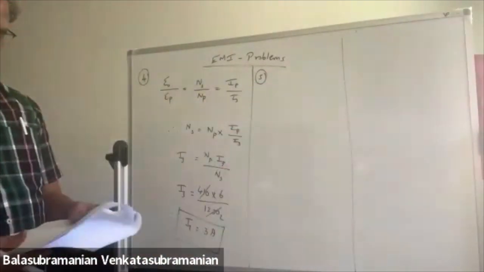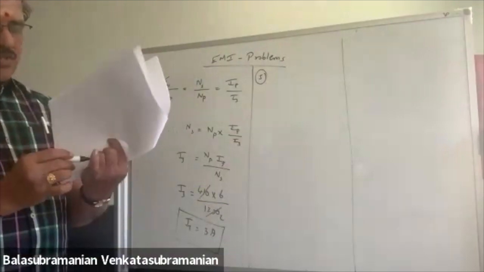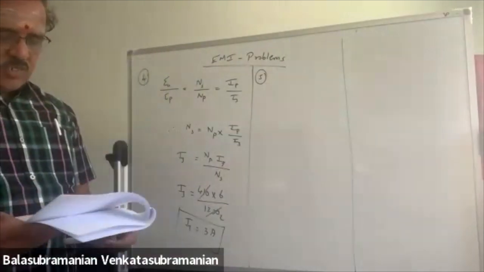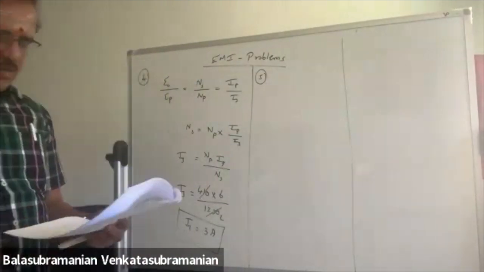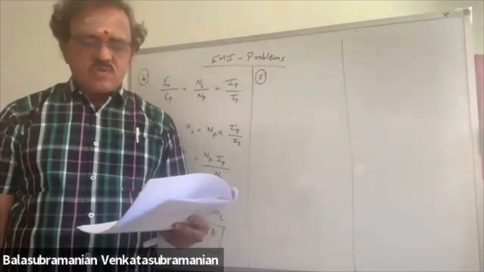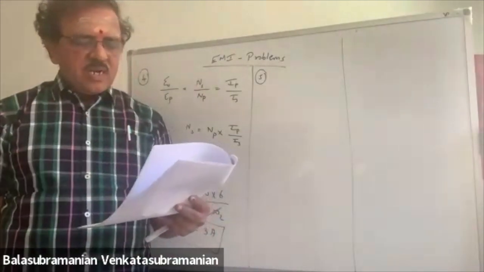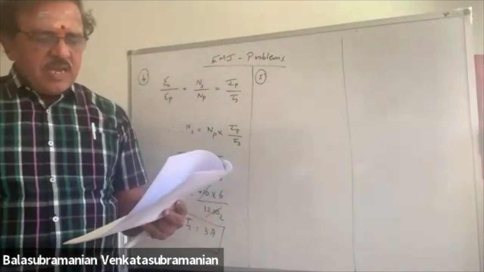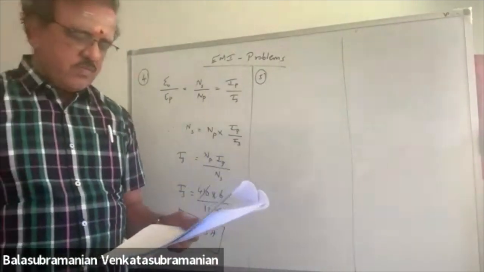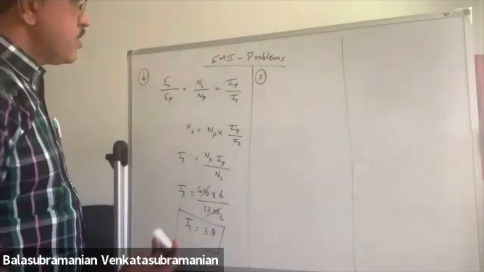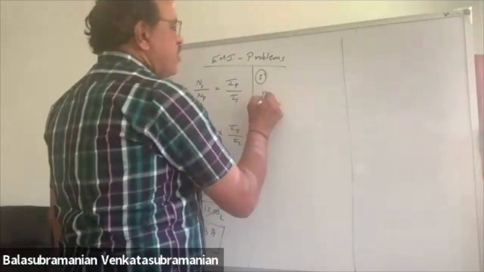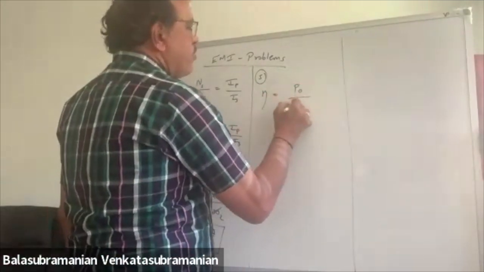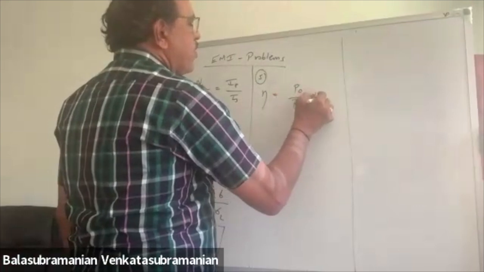Five. A step-down transformer reduces the supply voltage from 220 volts to 11 volts and increases the current from 6 ampere to 100 ampere. Calculate its efficiency. Efficiency of a transformer is power output by power input into 100%.